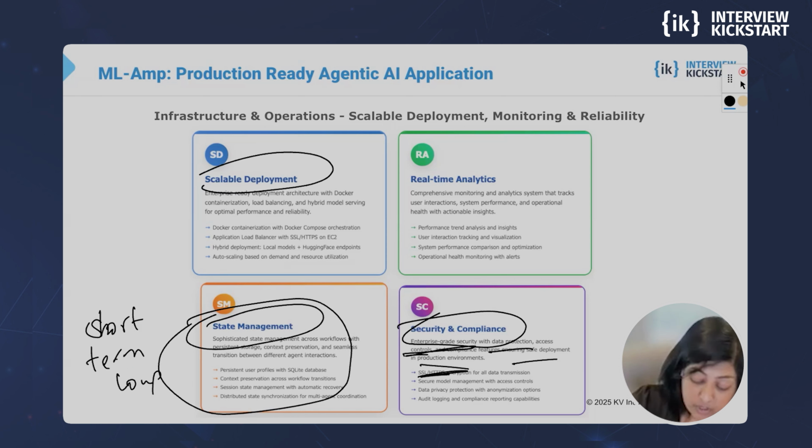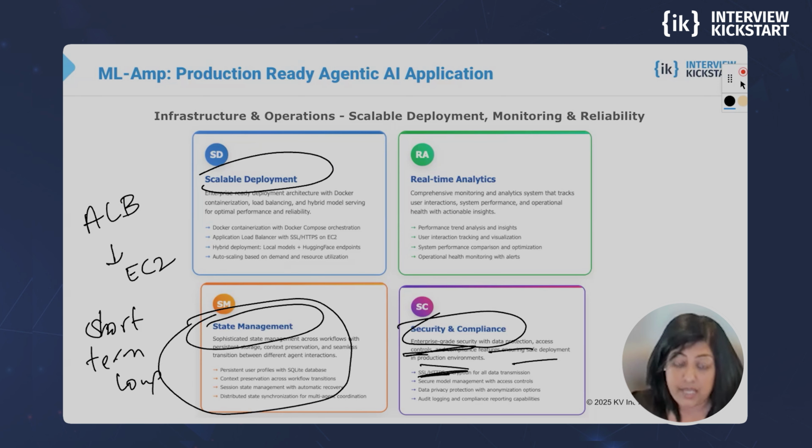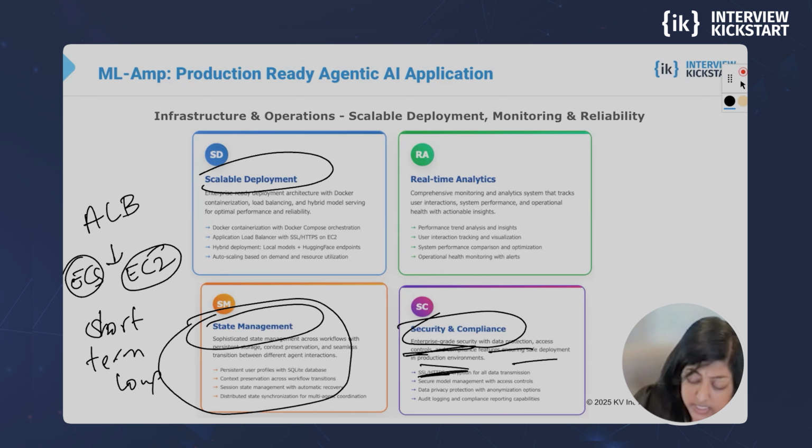Scalable deployment: I've used an ALB and there's just a single EC2, fronted by the ALB. But should ML start receiving more traffic and there is a need to scale, I can very easily switch this out to an ECS or an EKS cluster. So that's the auto scaling that I built in from day one.